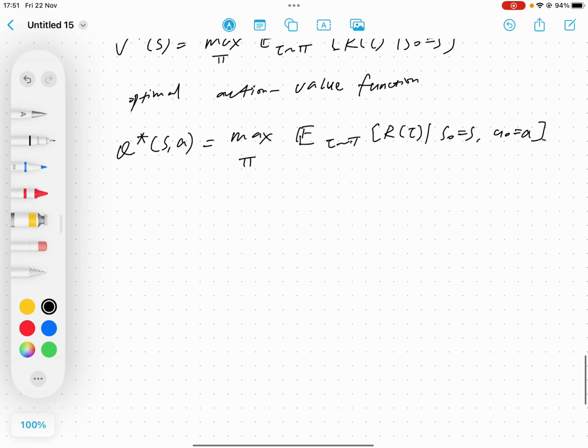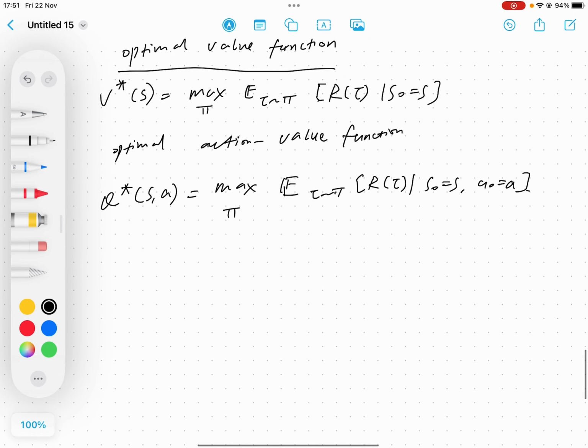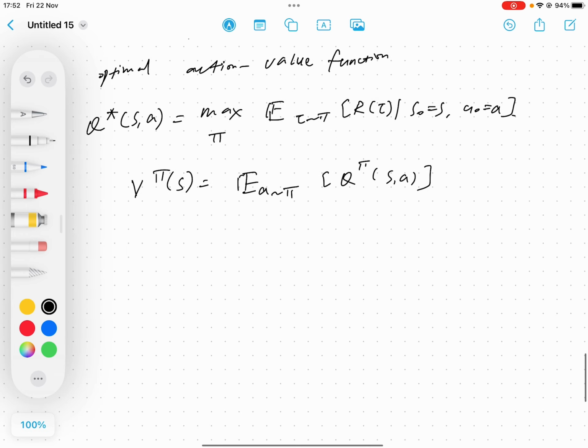Okay, good. After we take the expectation, we can link those things together. Essentially, we take another expectation over a of this Q, so they have some relationships.